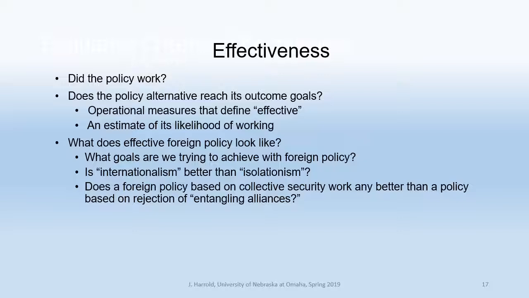So operational measures that define effectiveness should be laid out, right? Or an estimate of the likelihood of this thing working. So here's an example. What does effective foreign policy look like? What goals is the United States trying to achieve with its foreign policy?